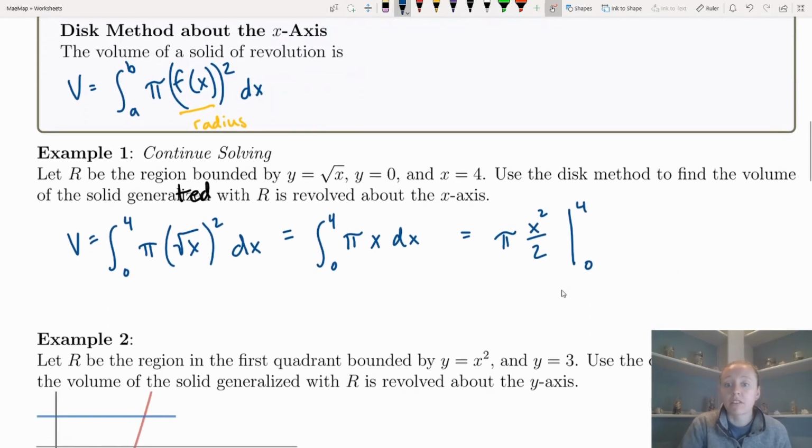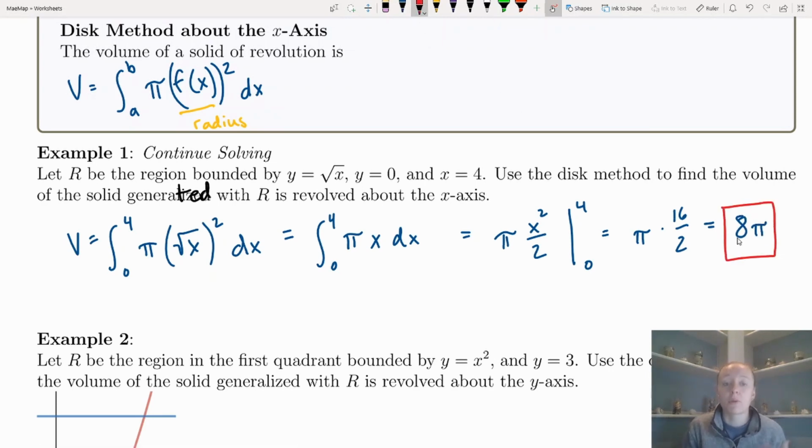I'll go ahead and plug in 4. So that's going to give me pi, 4 squared is 16, so pi times 16 over 2. And then when I plug in 0, that's 0. So all I'll have is 16 over 2 pi, which is 8 pi. 8 pi is my solution in example 1.